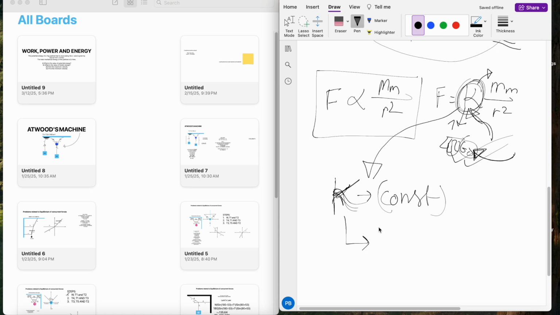Now, what is the exchange of particles? See, let's say an object, right? Not us. Let's say an object and the earth, sorry.